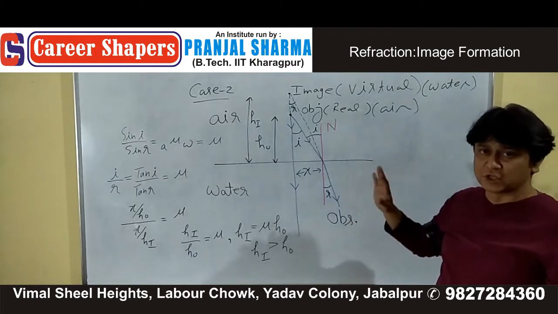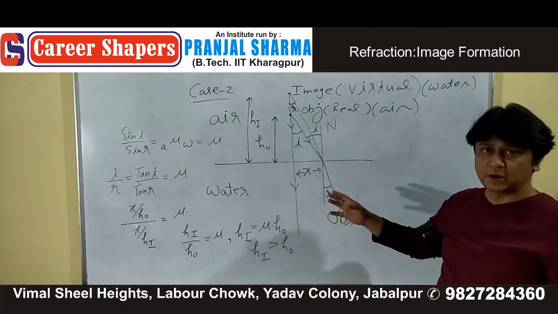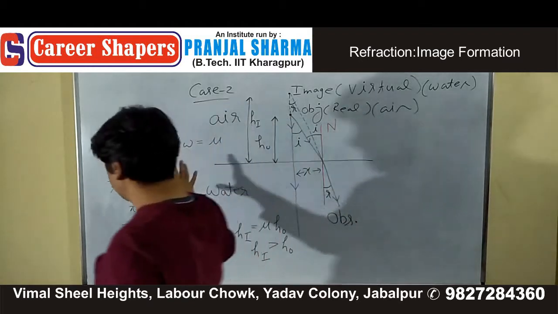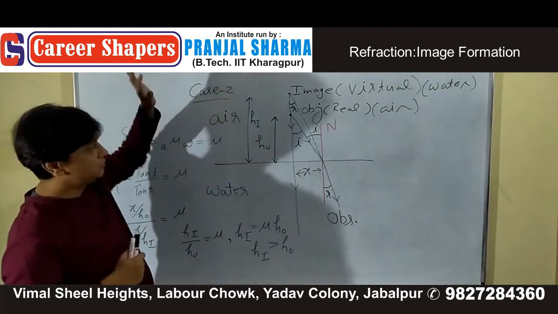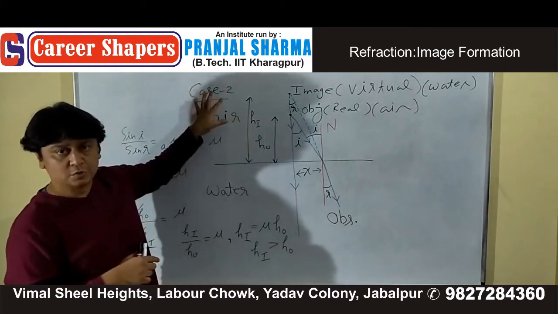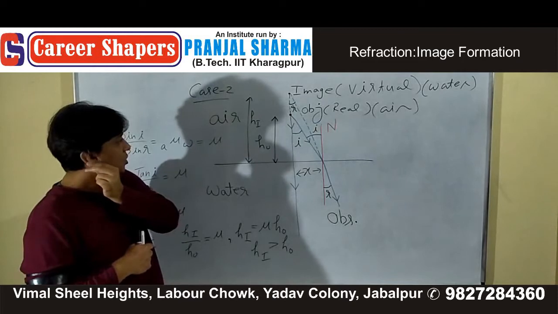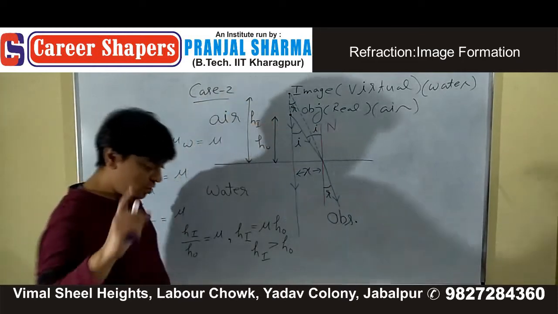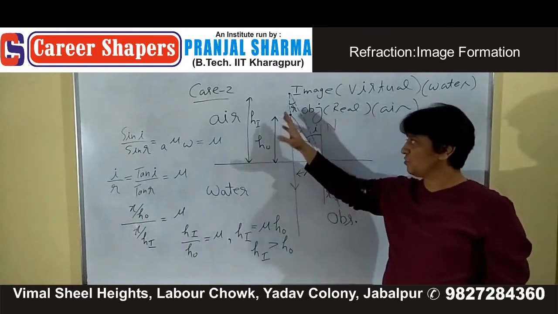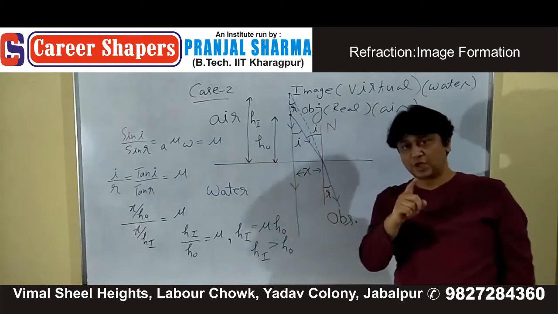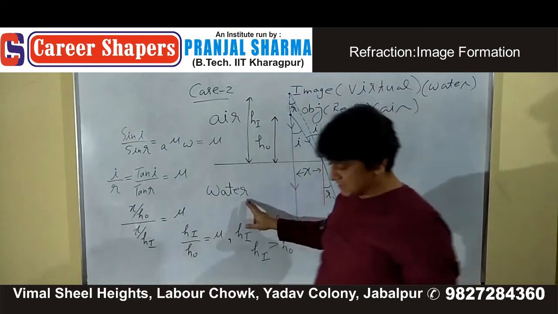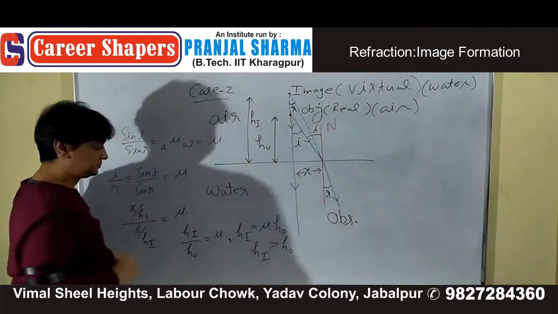And in just a few minutes we will see that we'll develop a format where it doesn't even matter which one is rarer, which one is denser. But as of now, for this particular setup, you can note down that with case 2, object is in rarer medium, and observer is in the denser medium.